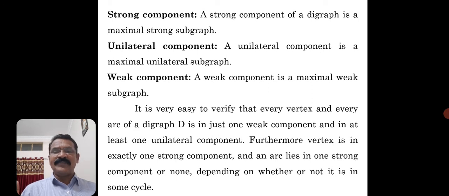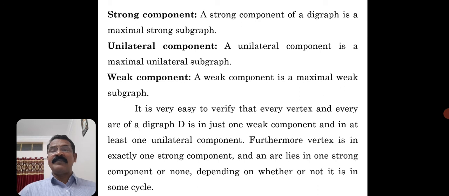Okay, so it is very easy to verify that each vertex and every arc of a digraph D is in just one weak component, and in at least one unilateral component. Furthermore, every vertex is in exactly one strong component.